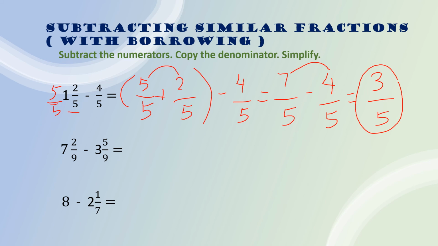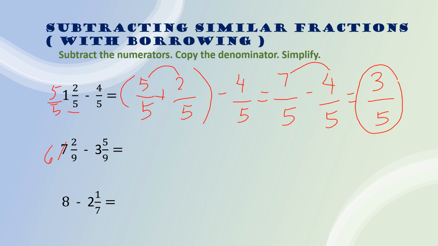How about in here? We have 7 and 2/9 minus 3 and 5/9. We cannot just subtract 7 minus 3 and then 2 minus 5. We cannot take away 5 from 2. So we will borrow again a whole. We'll borrow 1 whole from 7, so 7 will be 6.